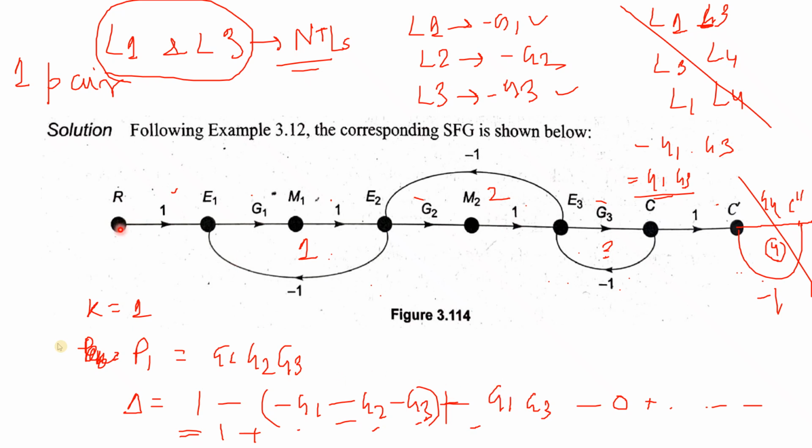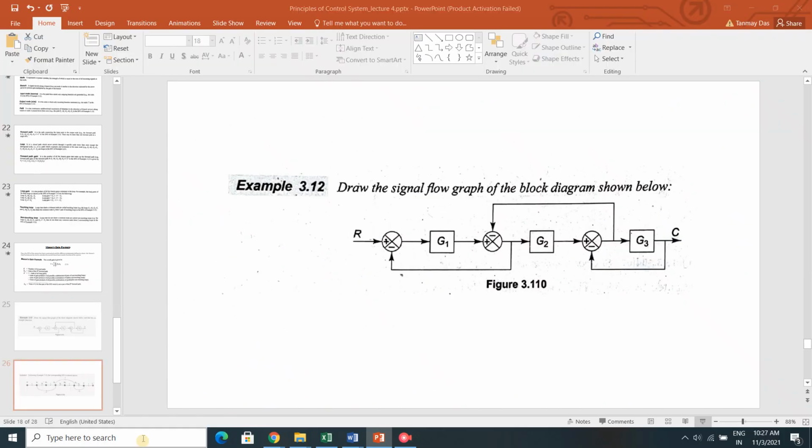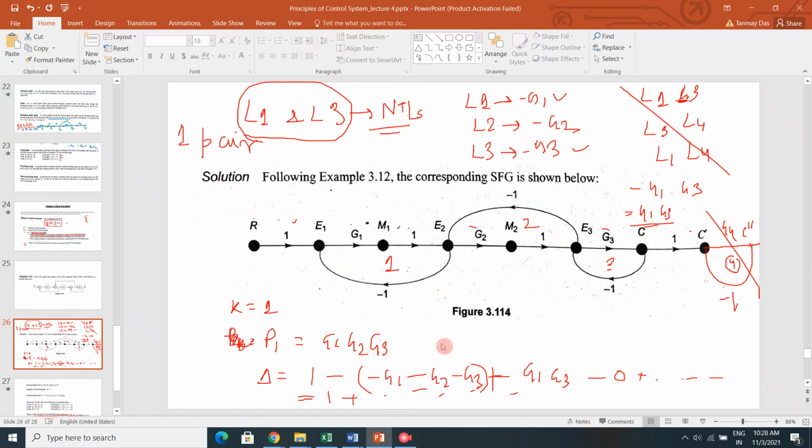Suppose here there is only one forward path. Delta K means you have to calculate delta for what is not a part of this forward path. Now all the loops are a part of this forward path, so there is no option to calculate delta once again with loops that are not of this forward path.